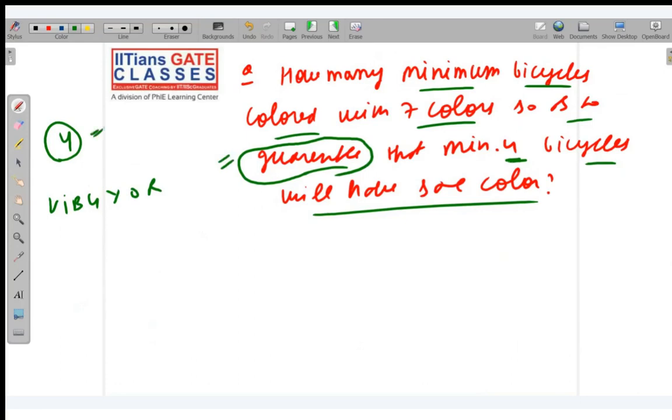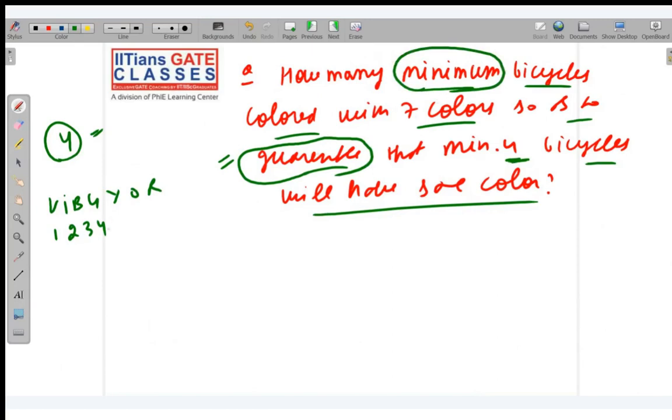If you take only 4 bicycles, then I can give bicycle number 1 as violet, then indigo, then blue, and then green. So all will be different. That can be done. But we have to guarantee that minimum 4 bicycles should have the same color. And what we want to ask is, minimum how many bicycles are needed?